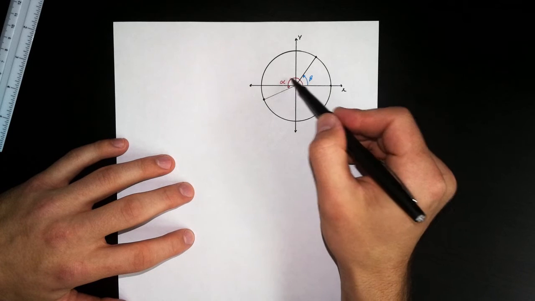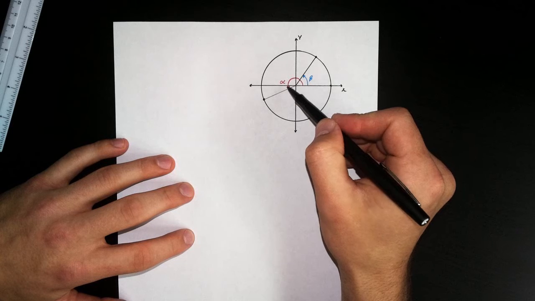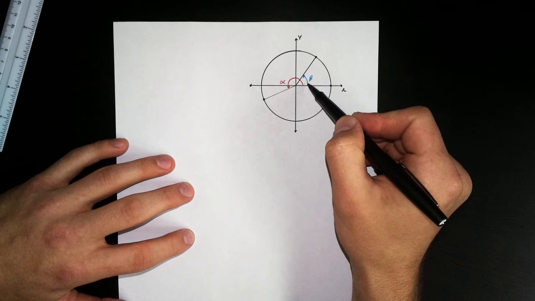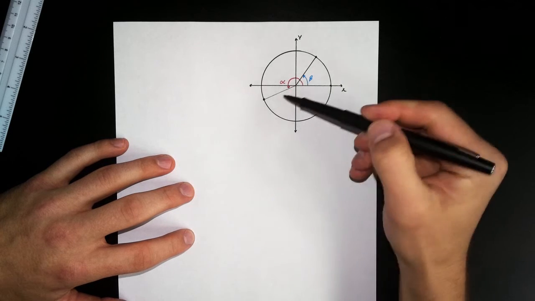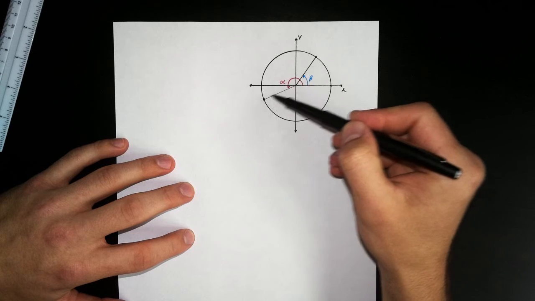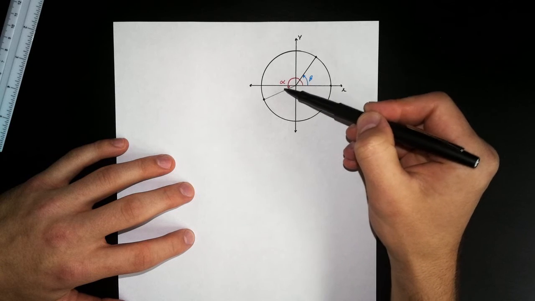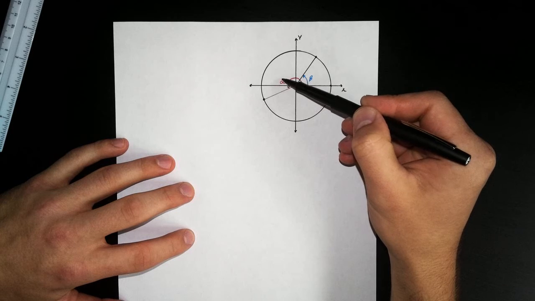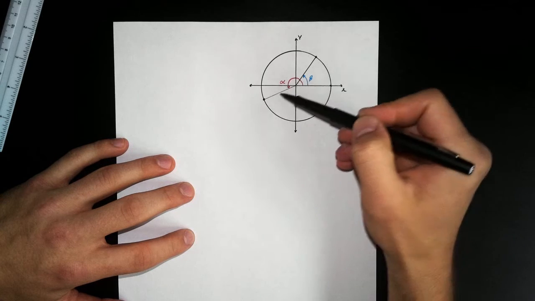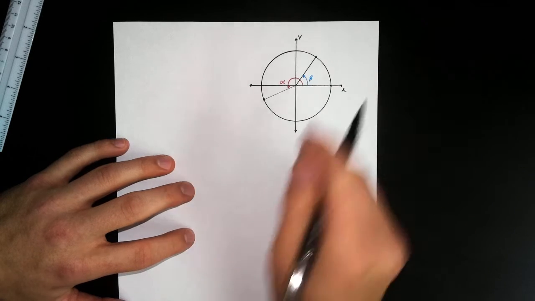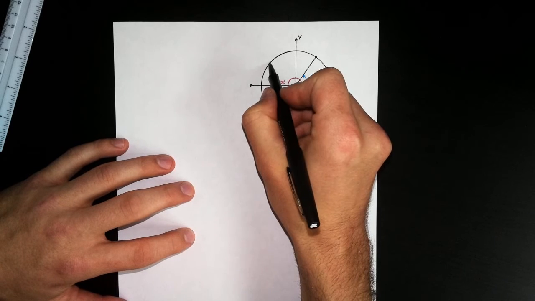So if I take angle alpha and I subtract away angle beta, so starting from this terminal side, if I just rotate back however big beta is, that angle would represent alpha minus beta.